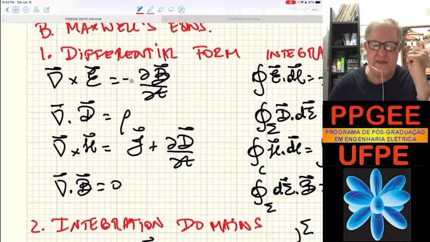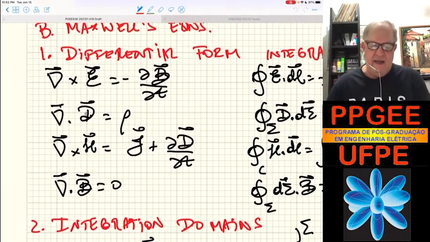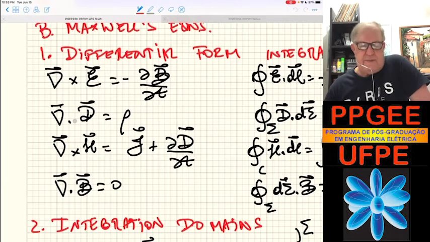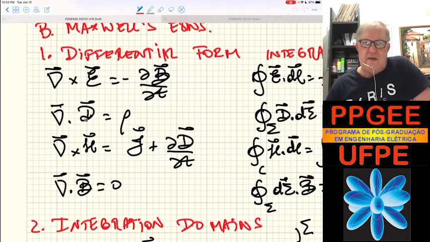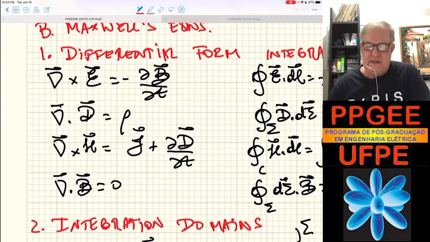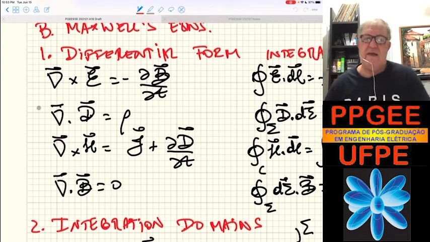This is the specification of the divergence of the electric flux density vector, which is the free charge density. Curl of H now is J plus the displacement current density, which is dD/dt, and the specification that B is a solenoidal field. This is a set of 4 equations.